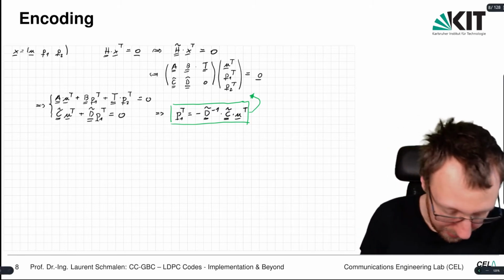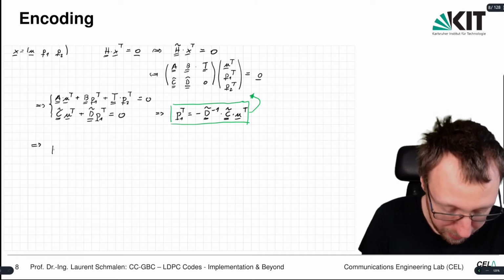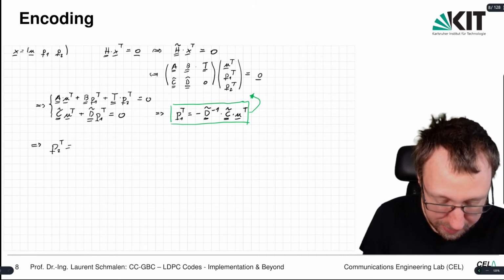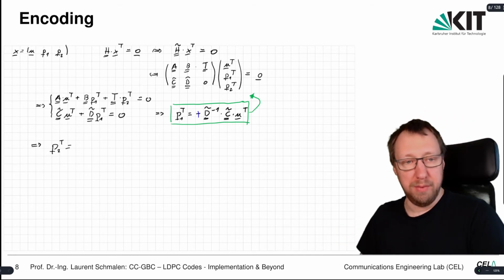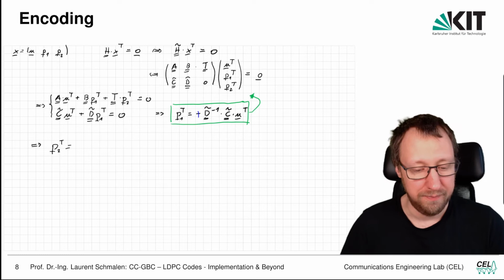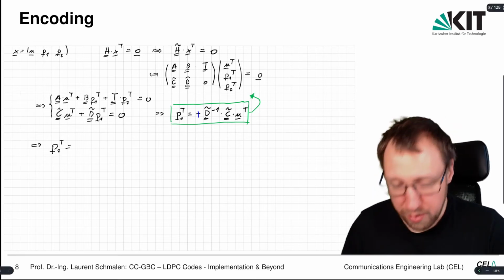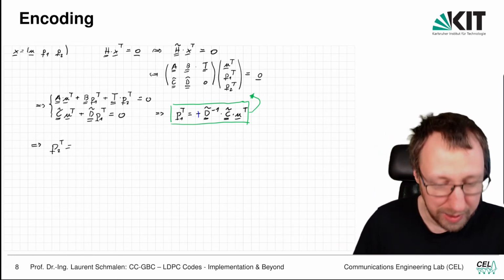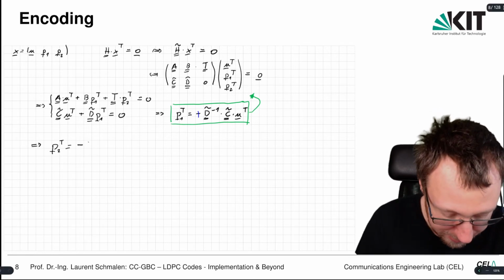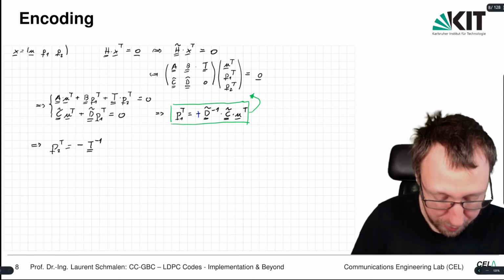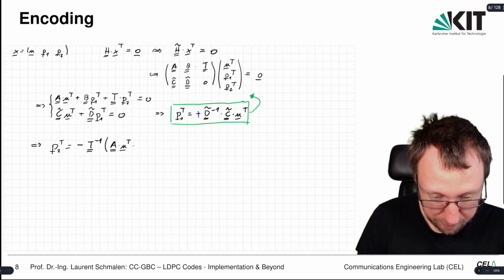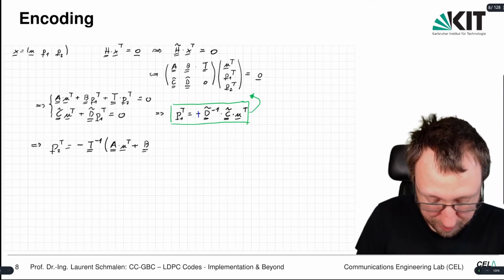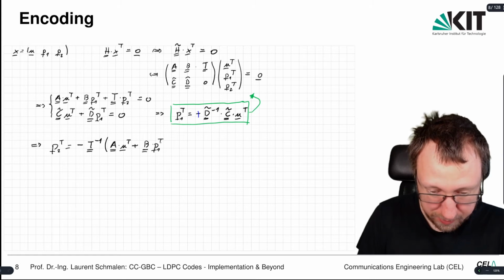And then we get that P2 transposed. And of course, we don't need the minus sign if we work with binary numbers, so we can put a plus sign over there. So what we get by rearranging the first equation, P2 transposed is minus T inverse times A times U transposed plus B times P1 transposed.